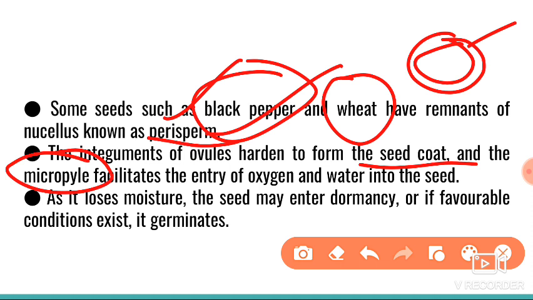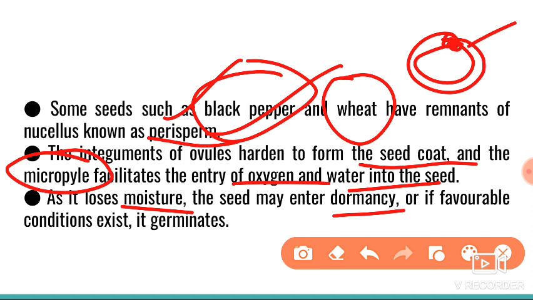And that micropyle is still present in the seeds also. A small hole you can find here, and that facilitates the transfer of oxygen and water into the seed for germination. Then seeds have a dormancy condition.